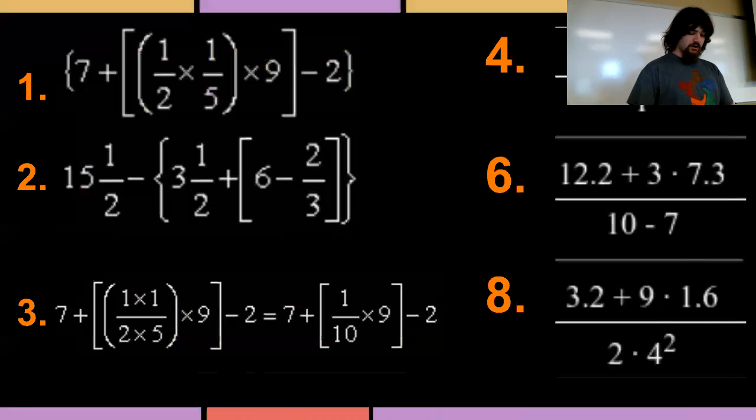C++ for the most part respects the PEMDAS order. It's going to do parentheses, and it's going to do exponents first, or if they're inside of parentheses. So it first does parentheses, then it's going to do things like exponents, or it's going to run functions.